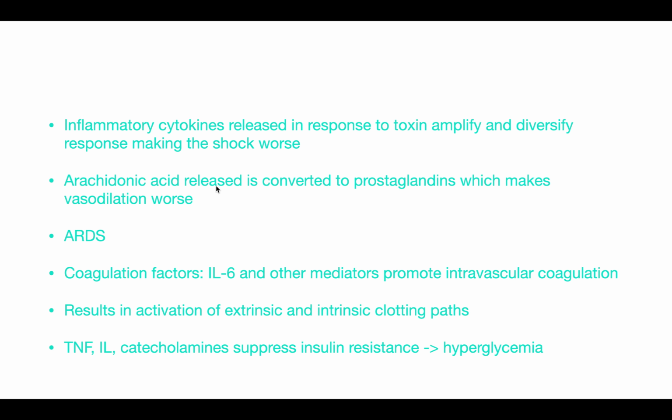Arachidonic acid is going to be converted to prostaglandins, and that's also going to make the vasodilation increased. This is going to lead to the adult respiratory distress syndrome in the lungs, and then the coagulation factors, interleukin 6 and other mediators, are going to promote the intravascular coagulation, increasing the platelets, increasing the inflammatory cytokine response, making more arachidonic acid, making more prostaglandins, leading to the worsening of ARDS.